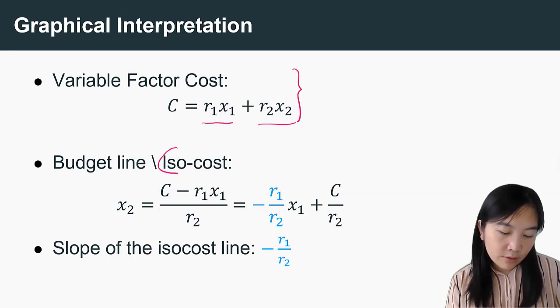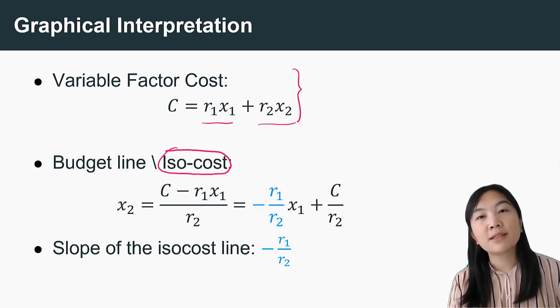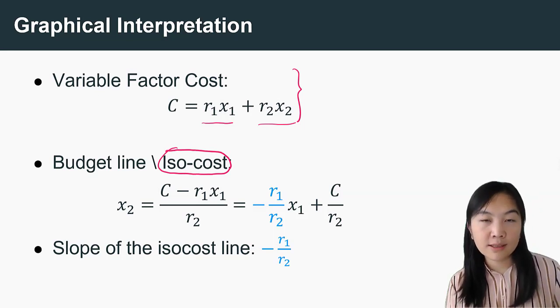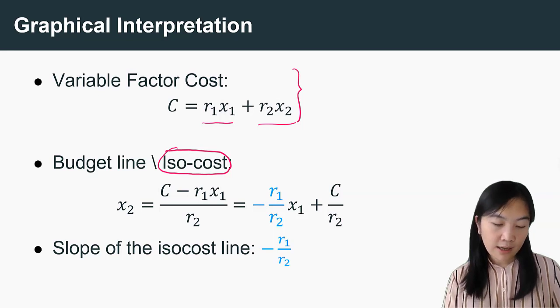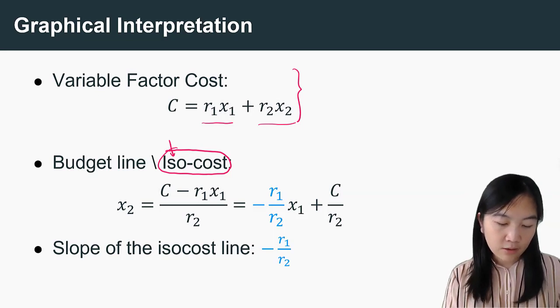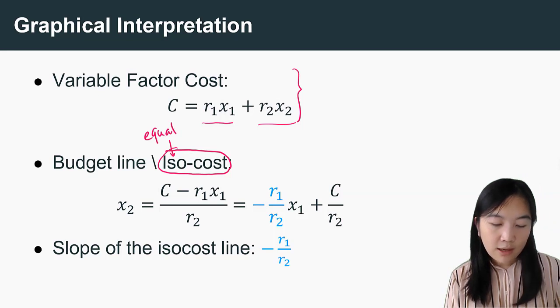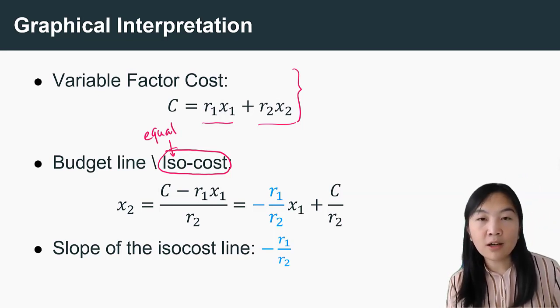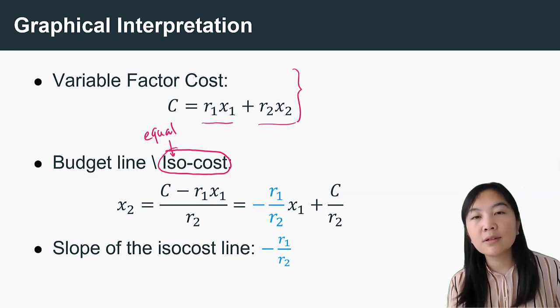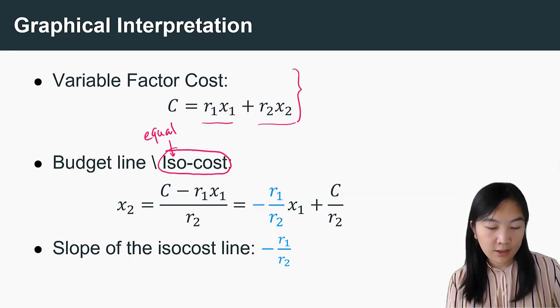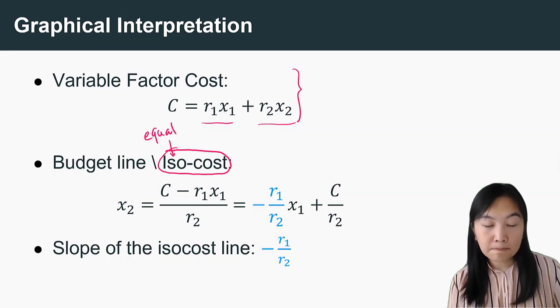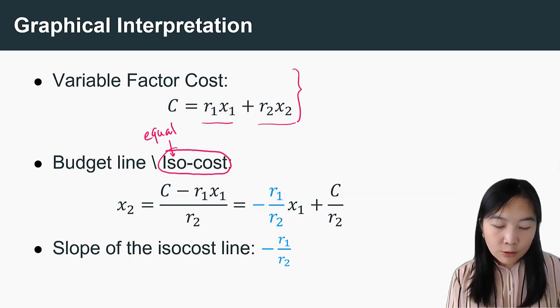Then we introduce a new concept, which is isocost, or sometimes called the budget line. Again, iso means equal, and cost means cost. So this line describes that along the line, you're having the same cost. So how do we get there?